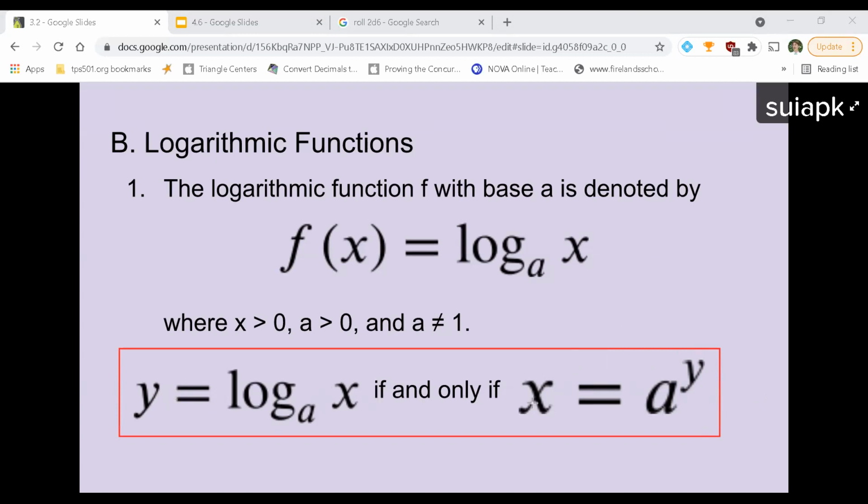You should get that tattooed on the back of your hand. A logarithm is just a what power function. It is asking a to what power gives me the answer x. That's what a logarithm is.